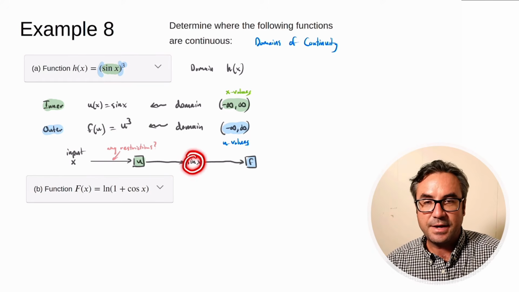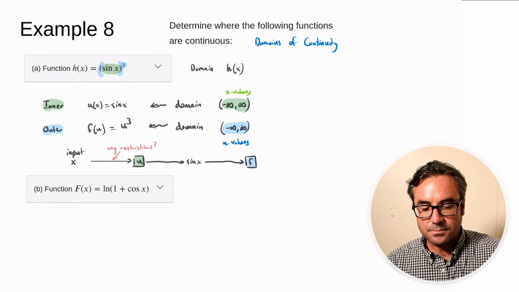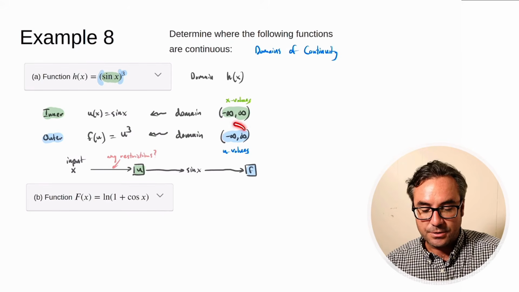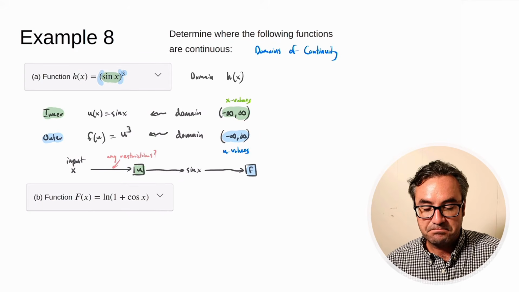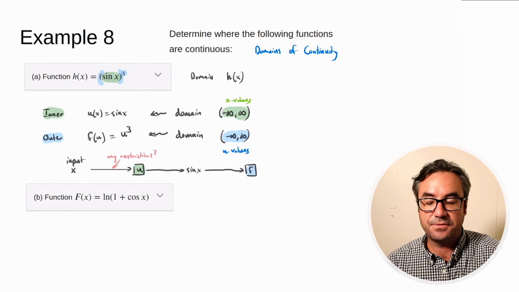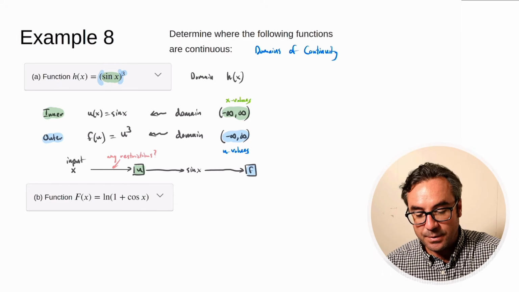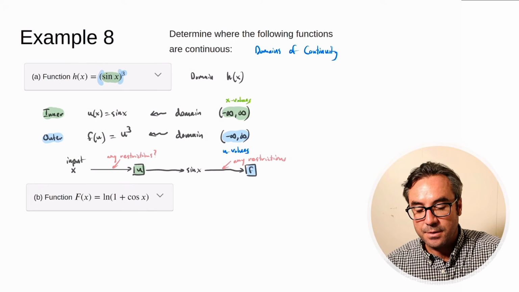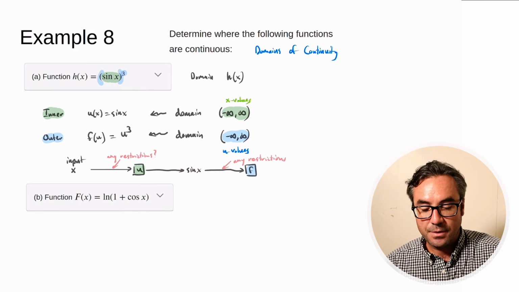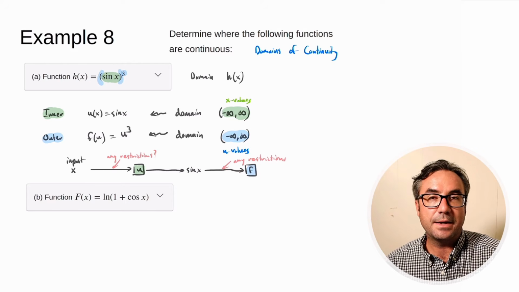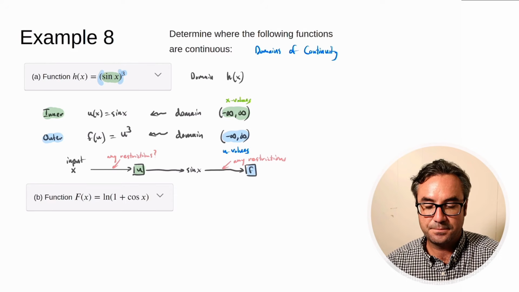Well, I can just go right here and see that, no, I can plug anything that I want into function f. But this is another point where you want to ask, are there any restrictions here? It's conceivable maybe sine has a value that I can't plug into my outer function.